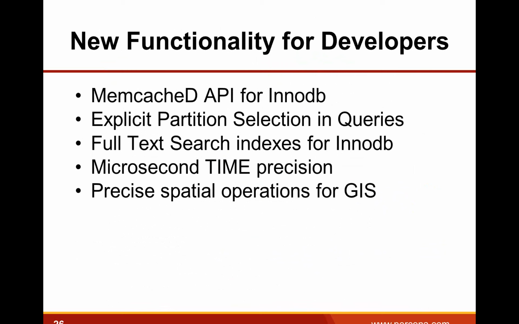We finally get microsecond time precision in types like datetime, which is great and saves a lot of developers from using bigint or some other ad hoc columns for storing time information. And we also have precise spatial operations for GIS functionality, which is pretty important these days as we have more and more applications built around geolocation technologies.